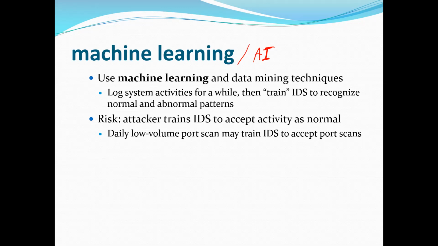So use machine learning and data mining techniques. You want to build a model, basically. To build that model, the traditional approach has been maybe to log your traffic, your activities for a while, and then train an IDS to recognize between normal and abnormal patterns.